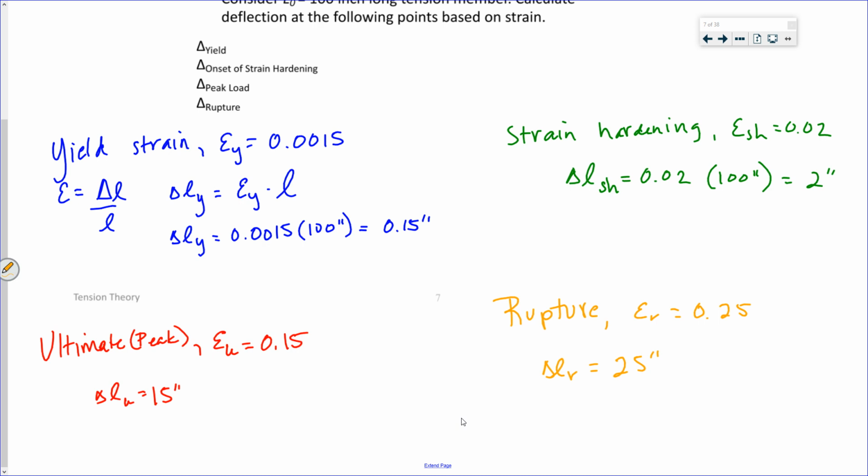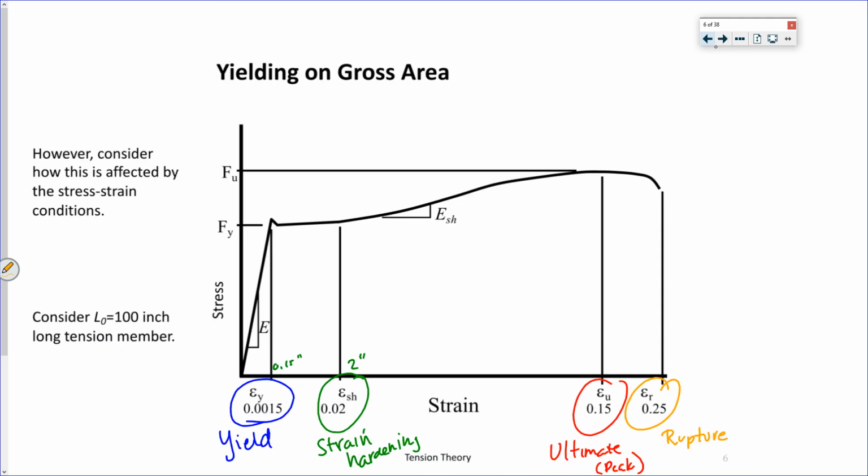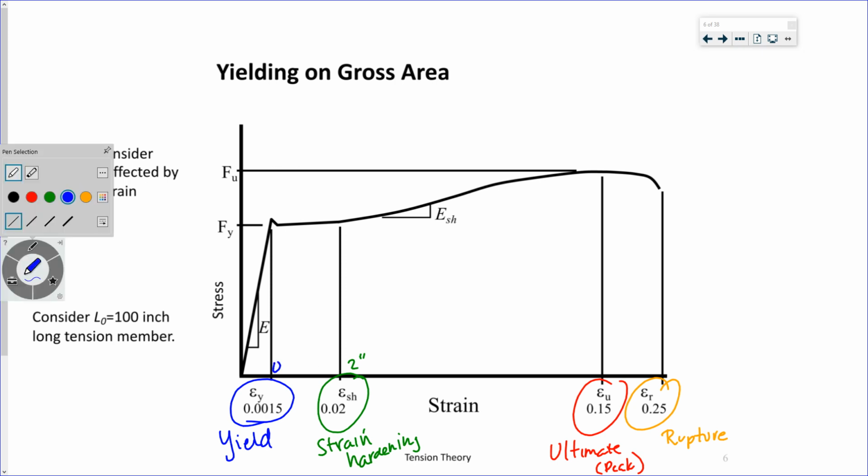So what does that all mean, right? This is excessive deformation, which is failure. If I just hit yield, peak, we got what, 15 inches?